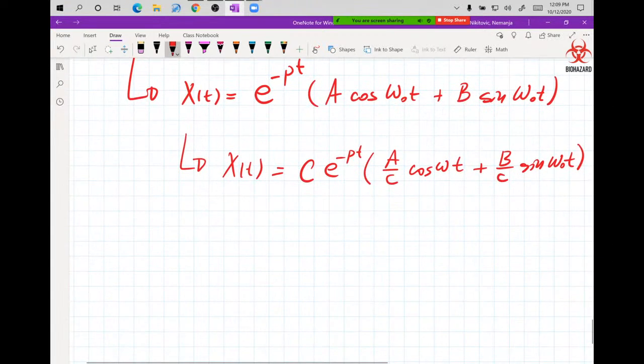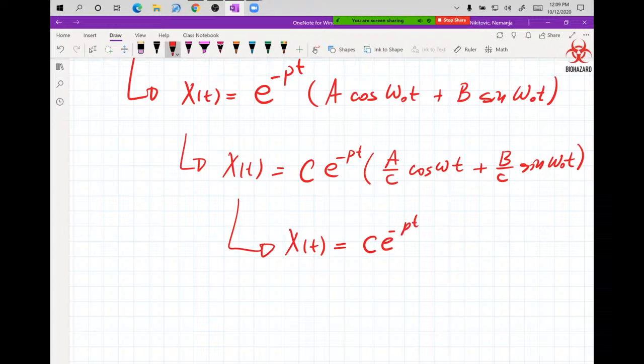And that now turns into, finally, that Ce^(-pt). Remember the cosine of omega 0 t minus alpha?